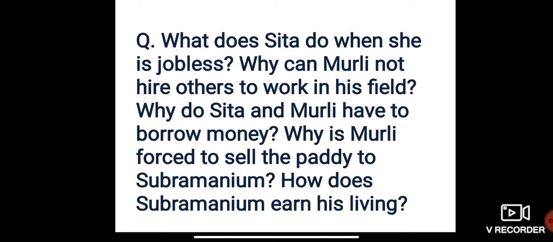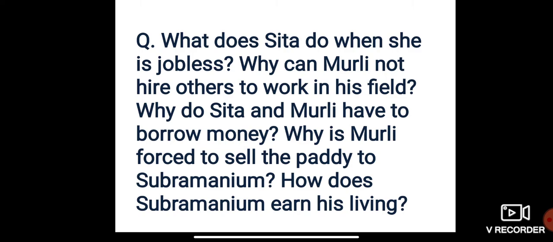Based on our reading, what does Sita do when she is jobless? And why can Murli not hire others to work in his field? And why do Sita and Murli have to borrow money?